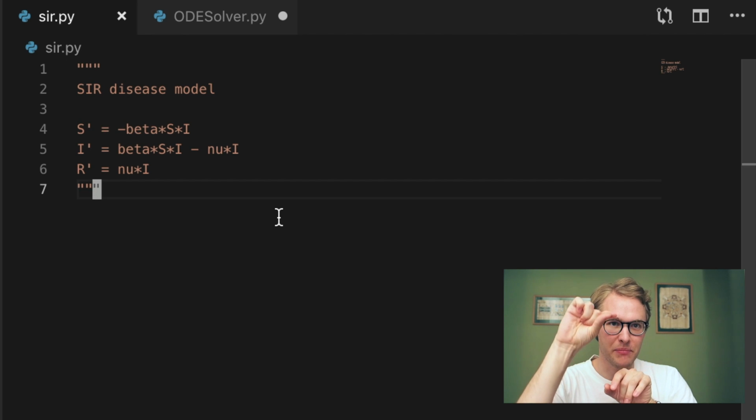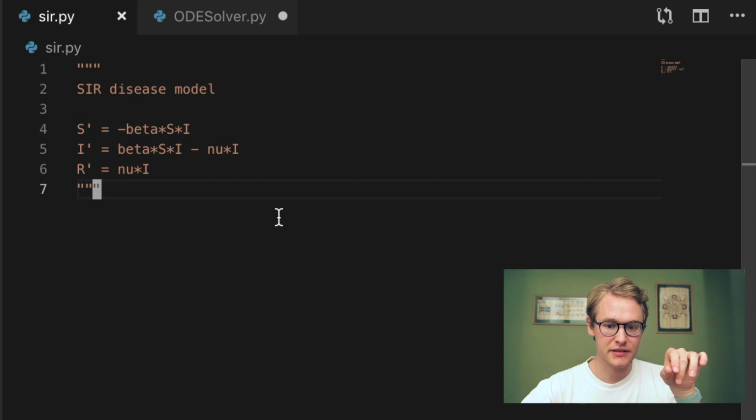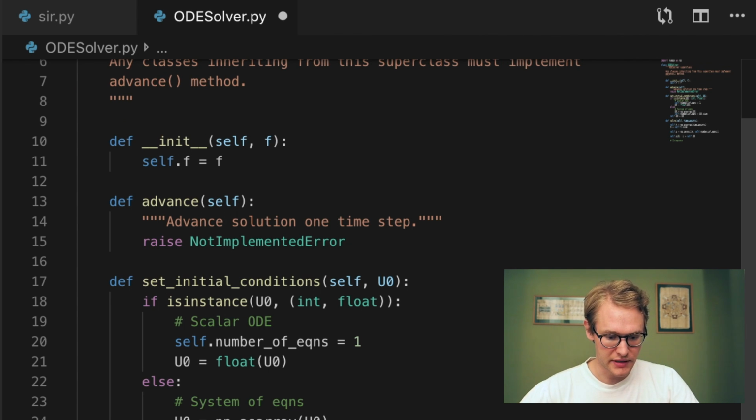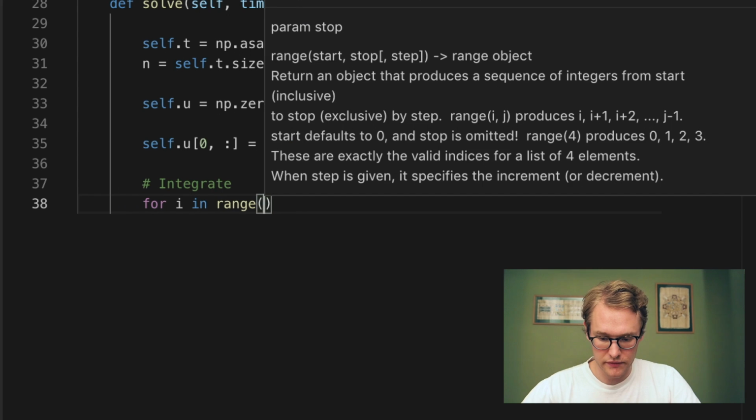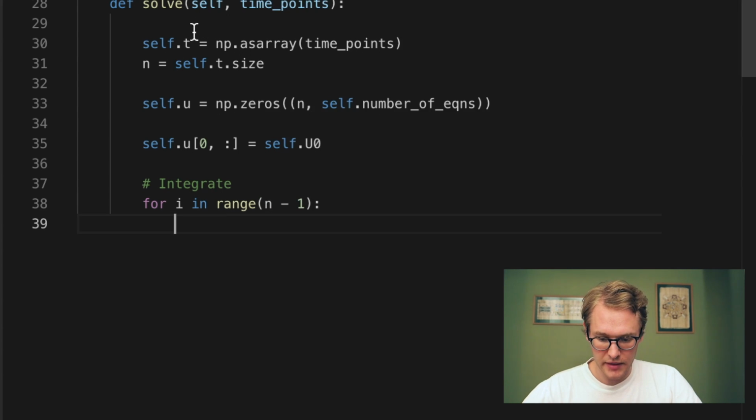I don't know if you remember the definition of integral, but that's really the area under a graph, right? So that's what we want to do for every small time step. So for i in range of the length of our time array, the n time steps, n minus 1, because we already used one, alright?